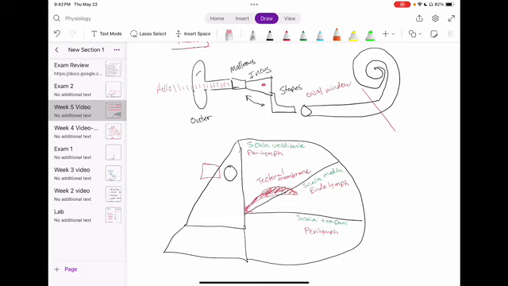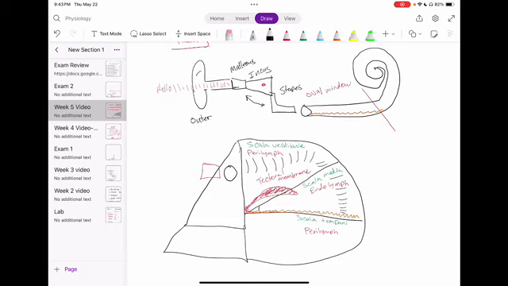So, another thing, when this taps, the layer right here is long, and then it goes shorter. So when this taps, it sends a signal through the scala vestibuli. It comes down, or eventually hits here and sends a signal over.